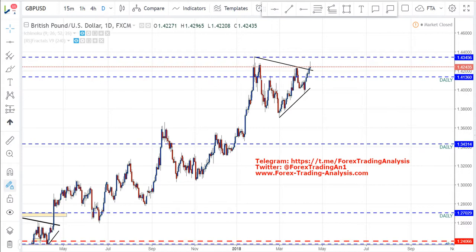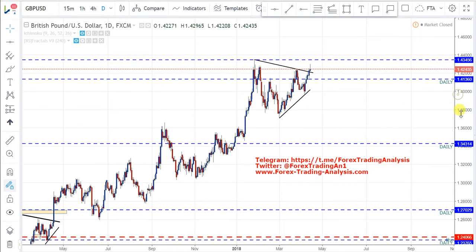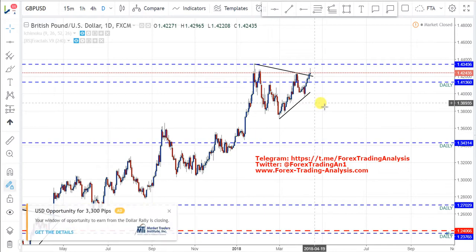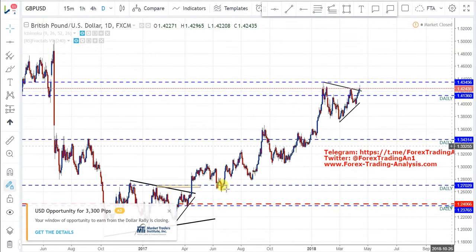I just wanted to do a short video on a little setup I'm going to be looking at trading in the pound dollar when the market opens today or later this evening. So if you take a look at the chart, on the daily time scale, we've got a flag pattern in a bullish trend.